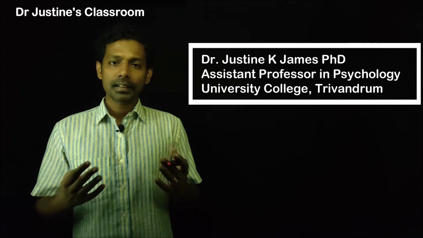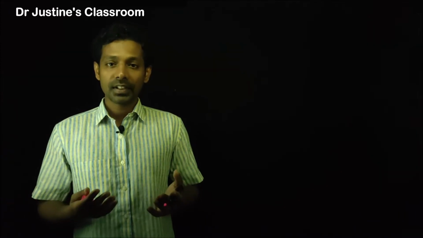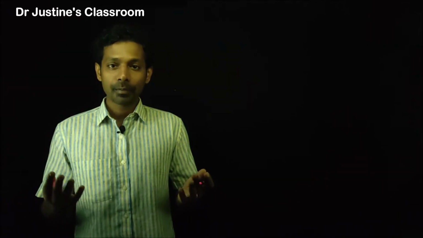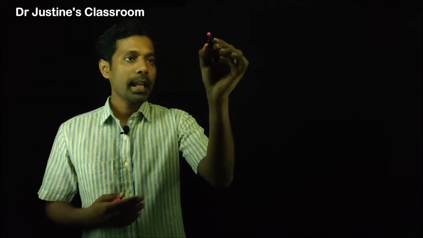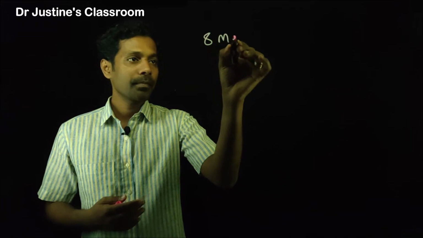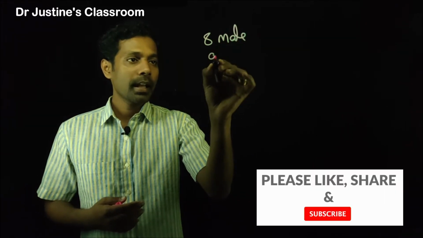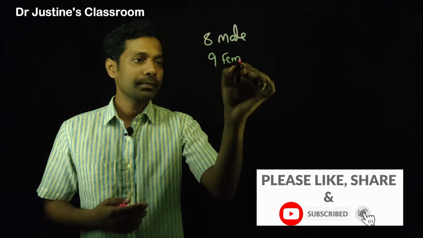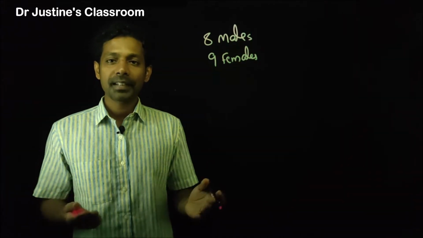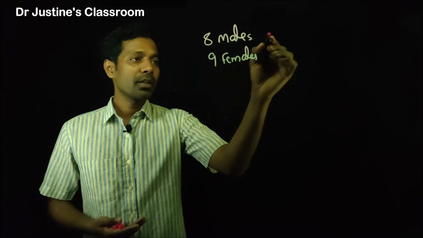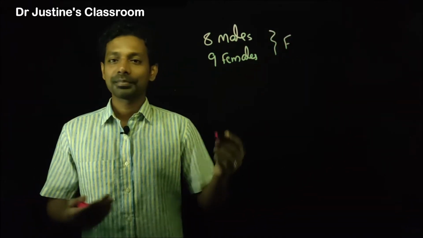Descriptive statistics, as the name indicates, are any statistics which are used to describe the sample. For example, let us say my sample has 8 males and 9 females. I am describing my sample. What is the method I have used? Frequency distribution.